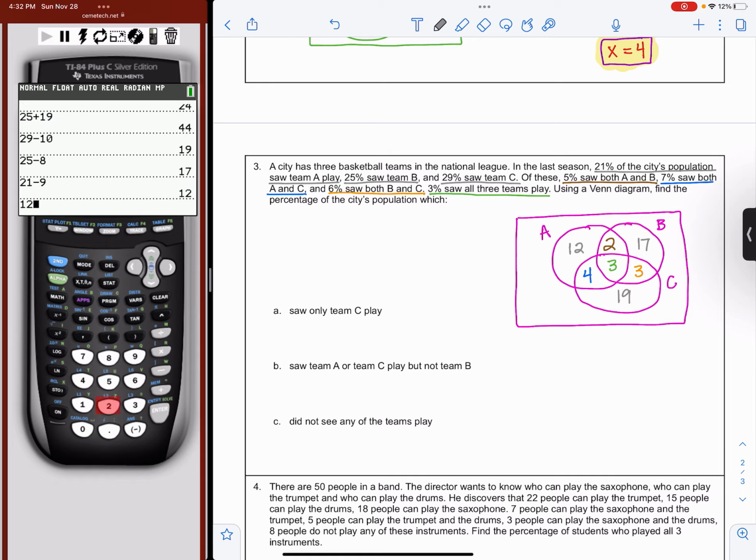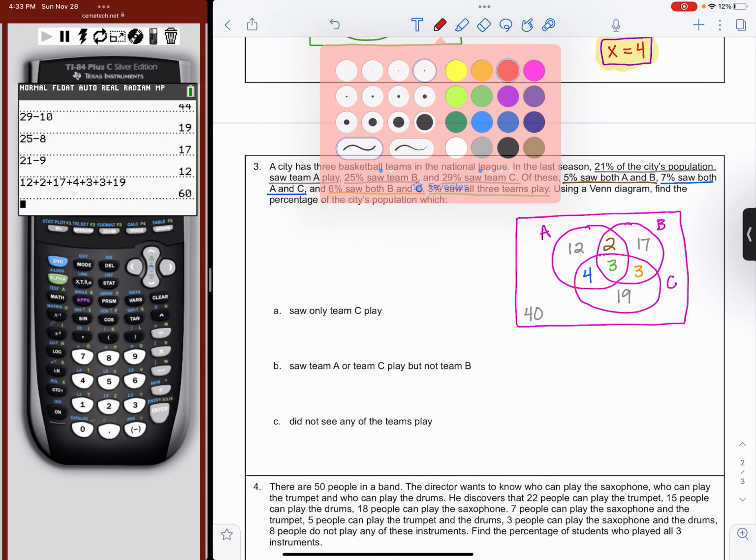So if I add 12 plus 2 plus 17 plus 4 plus 3 plus 3 plus 19, that gives me 60%, which tells me that 40% of the population has not seen any of the team play. So now we should be able to answer our questions.